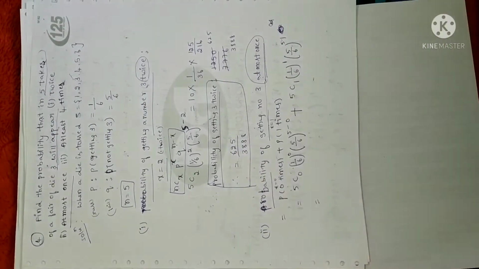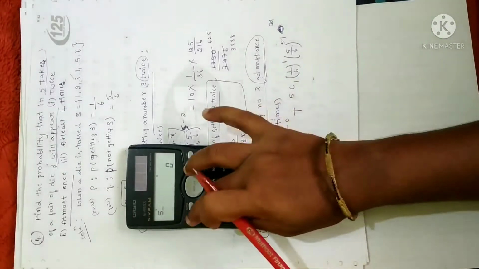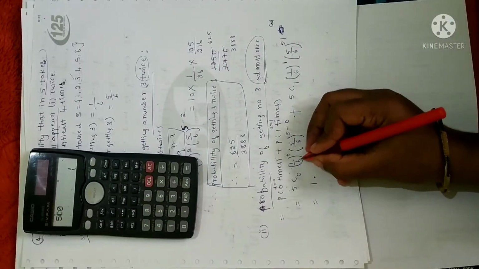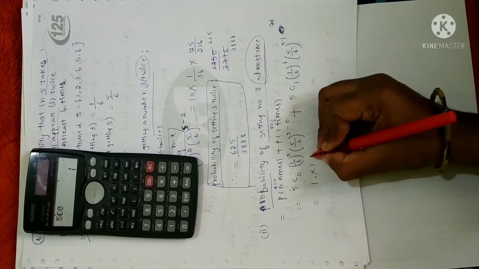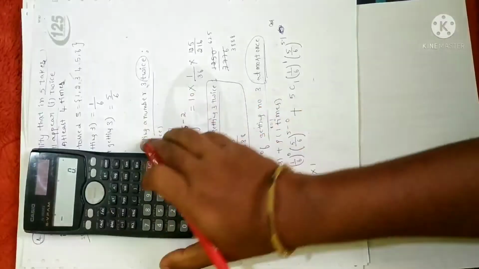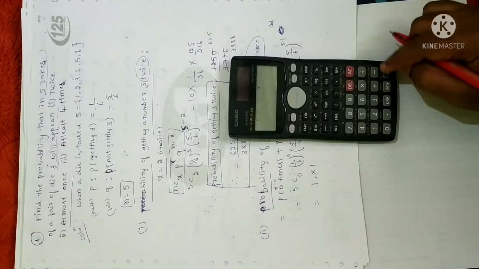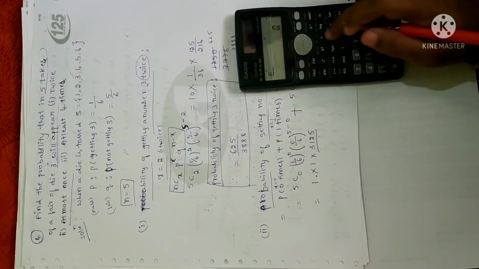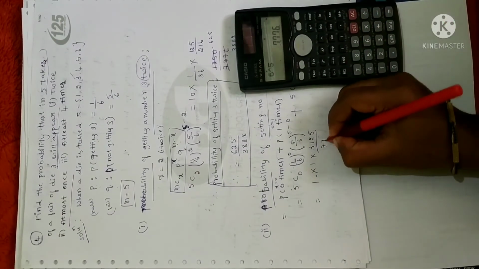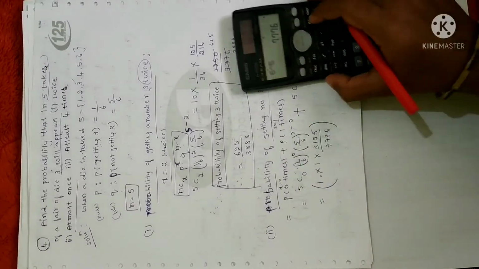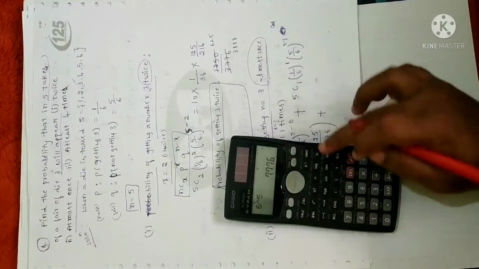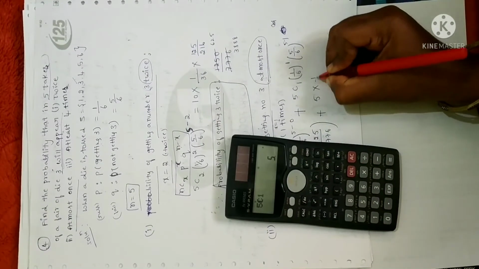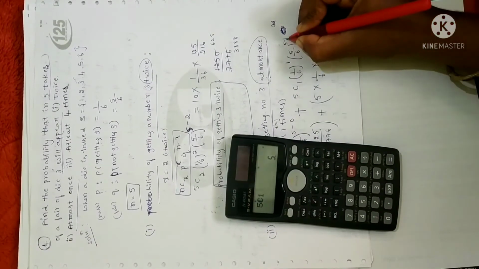Now let me simplify. 5c0 is 1 into 1 by 6 power of 0 is 1, into 5 minus 0 is 5. So we need 5 power of 5. 5 power of 5 is 3125 divided by 6 power of 5, 7776, plus what is the value of 5c1? 5c1 is 5 into 1 by 6 into 5 minus 1 is 4.